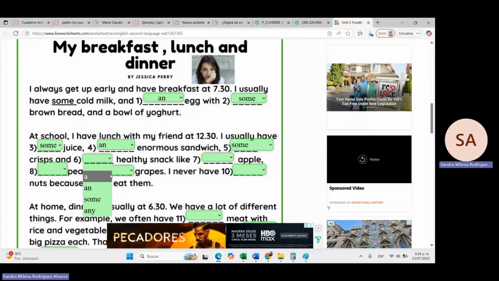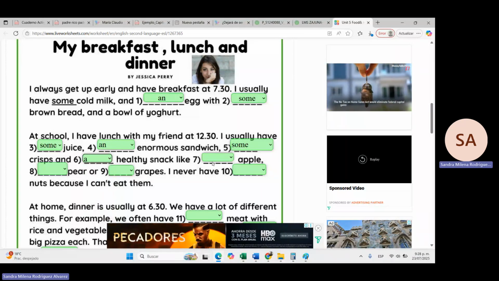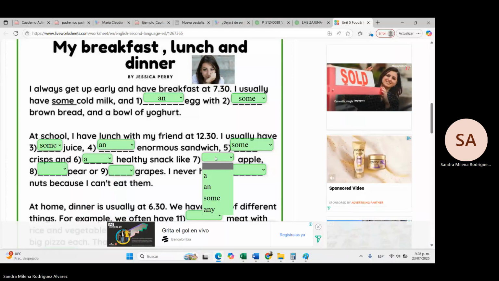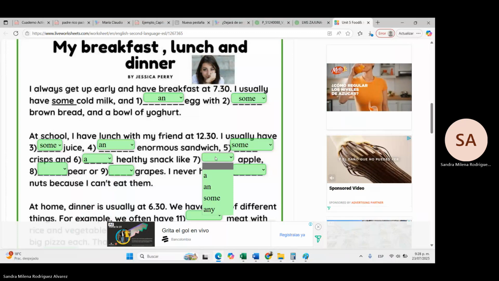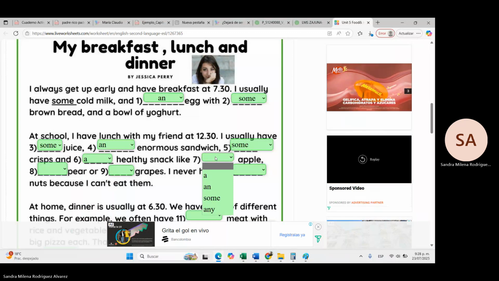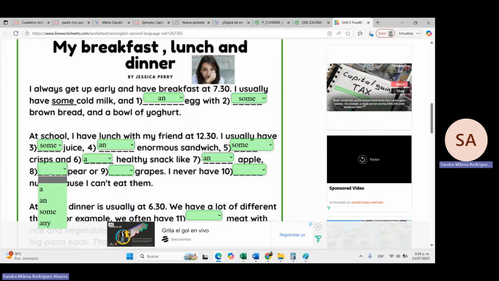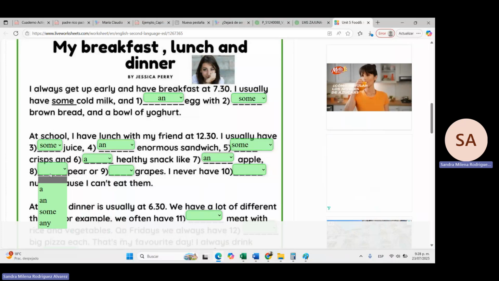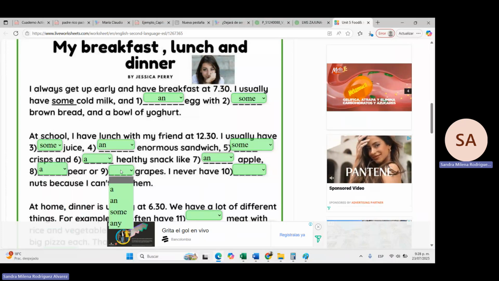A healthy snack like an apple, a pear, or grapes.